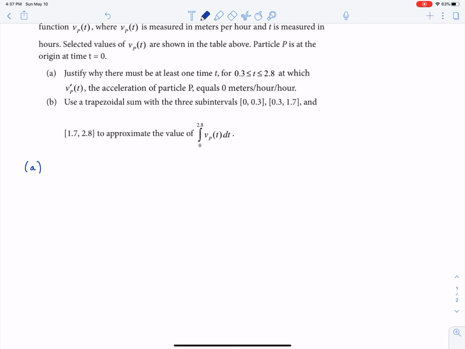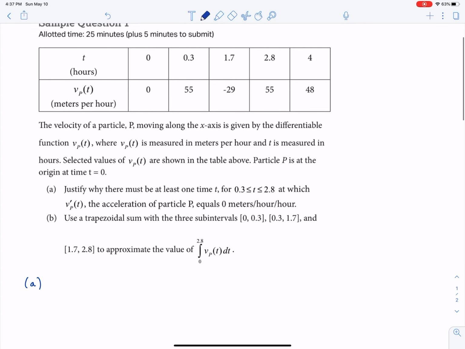So what do we got for part A? Justify whether there must be at least one time on this interval at which the derivative of v, which is the acceleration of the particle, equals 0. So this is an existence question. How do we know that the derivative has to equal 0? The function is differentiable, therefore it's continuous.